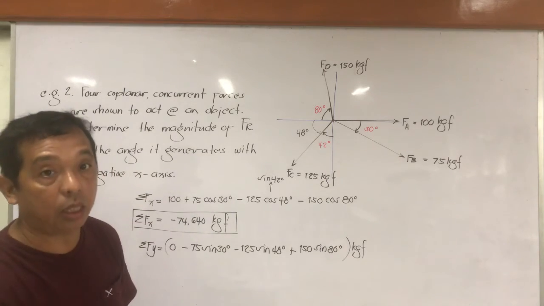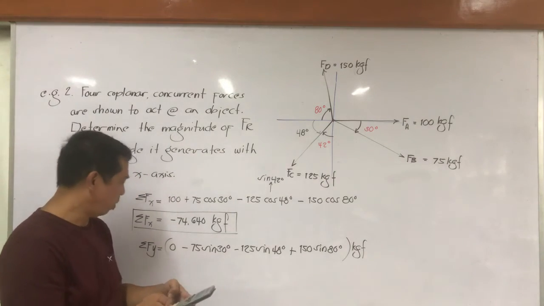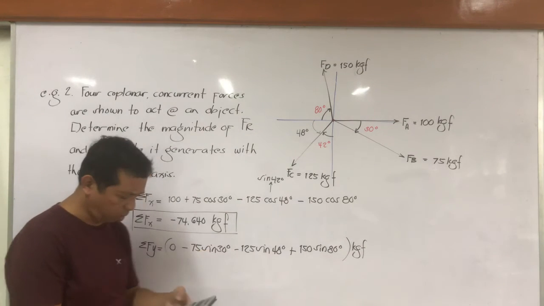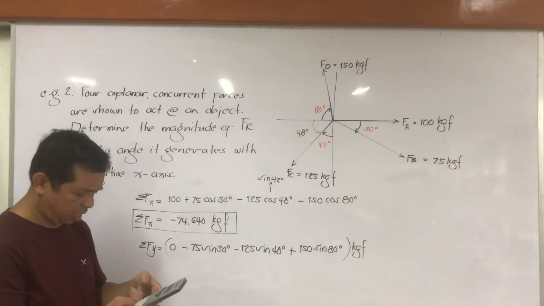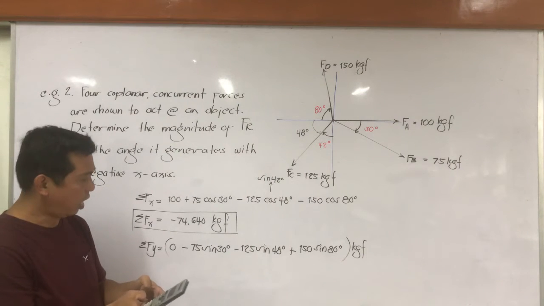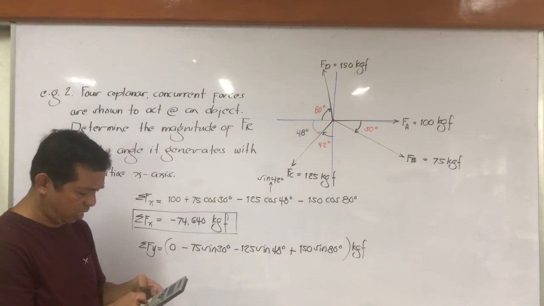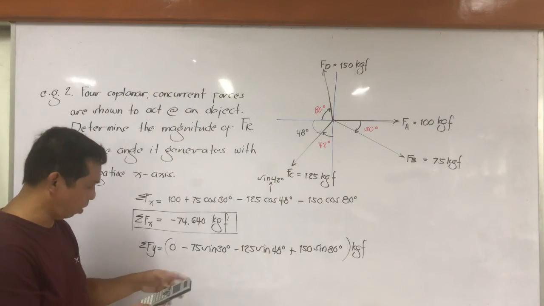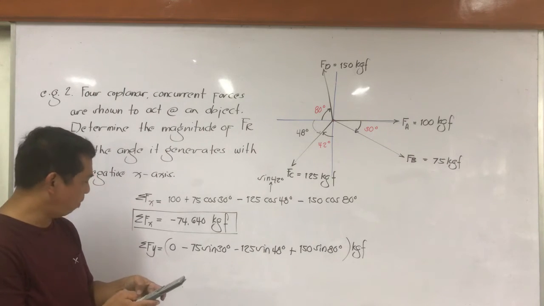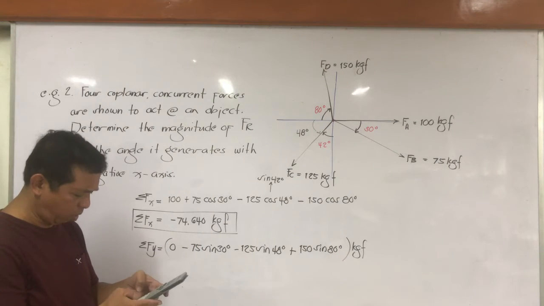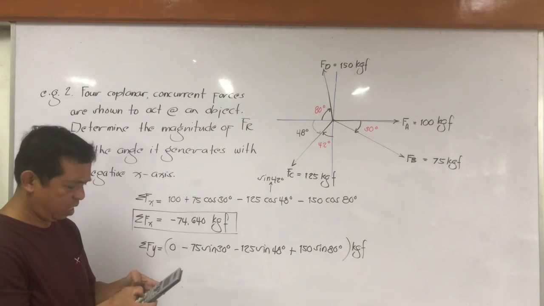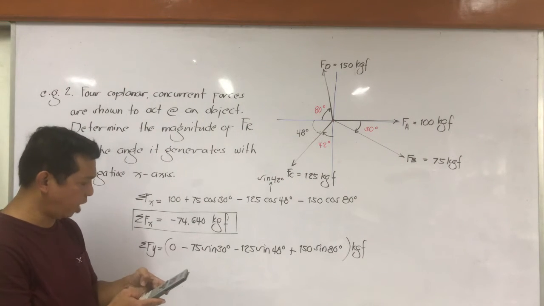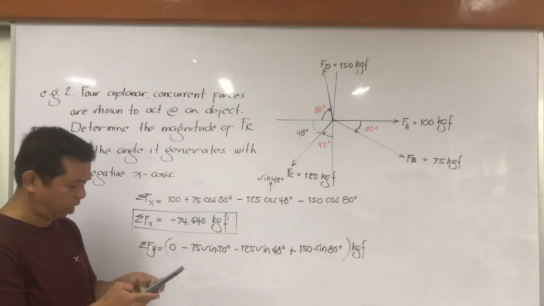Now, computing them all, unahin ko na lang to, 150 sine of 80 that needs to be subtracted with 75 sine of 30 and subtracted with 125 times sine function of 48.